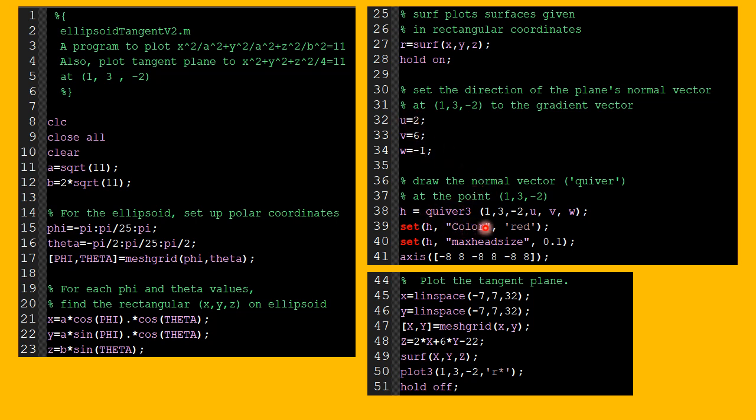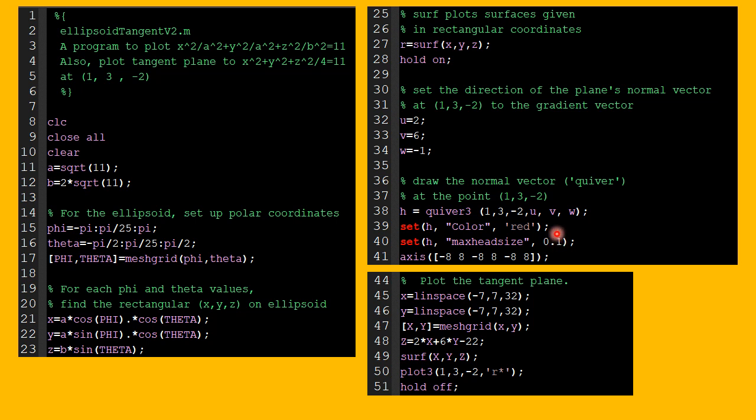I'll set the color to red for that quiver3. I'll set this h, which happens to be a handle for that quiver3. The maximum head size I'm going to let be 0.1.